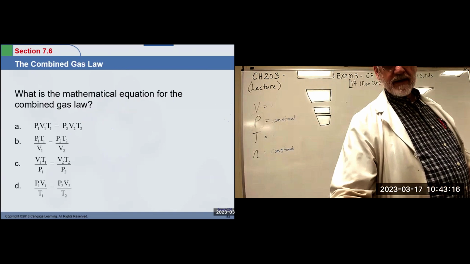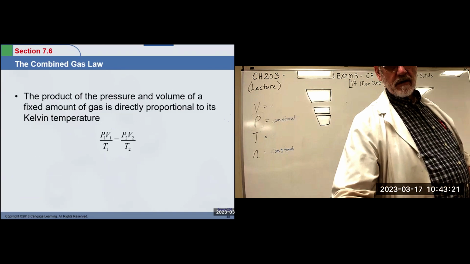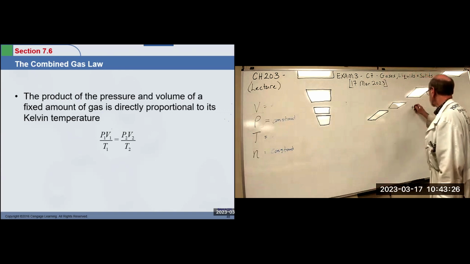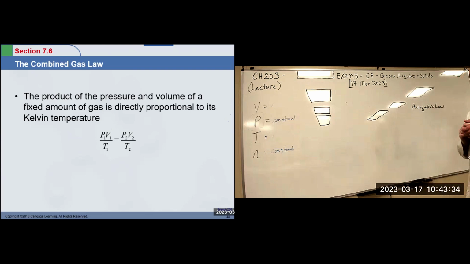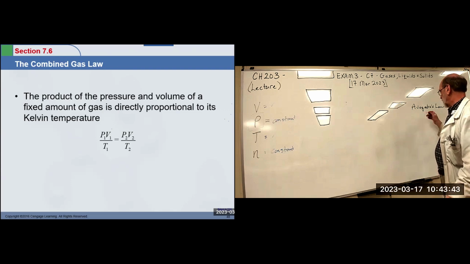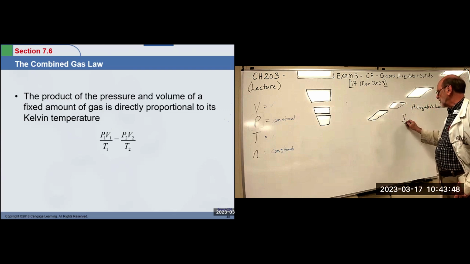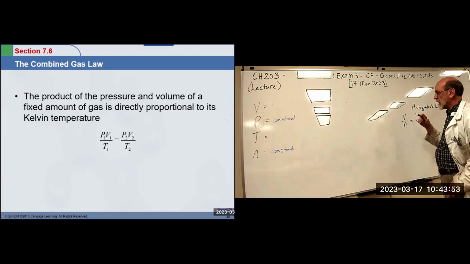All right. We left out Avogadro's law. Avogadro came along not too long after Charles. And Avogadro's law, without a lot of backstory, says that the volume varies with the number of moles, is equal to a constant.